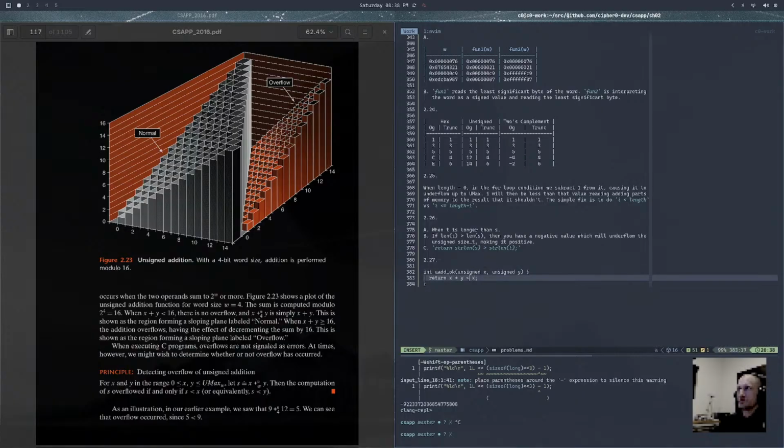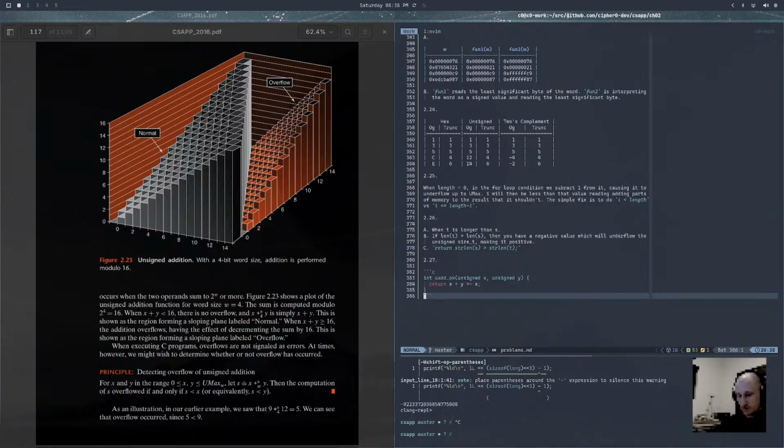Or we could do the inverse, which is greater than or equal to x. Then they didn't overflow. Okay, let's go ahead and check that. I'll just go ahead and wrap this in C. And if we check, where are we at here?